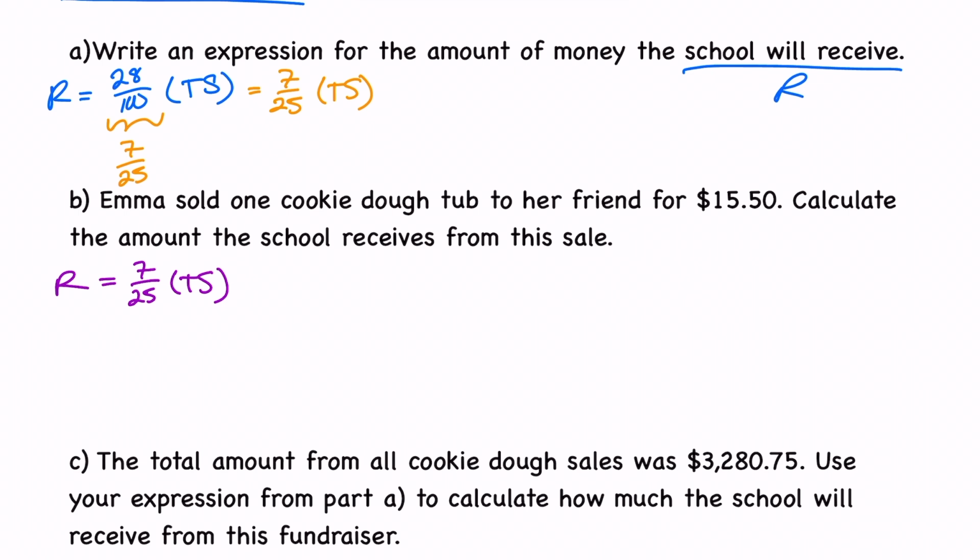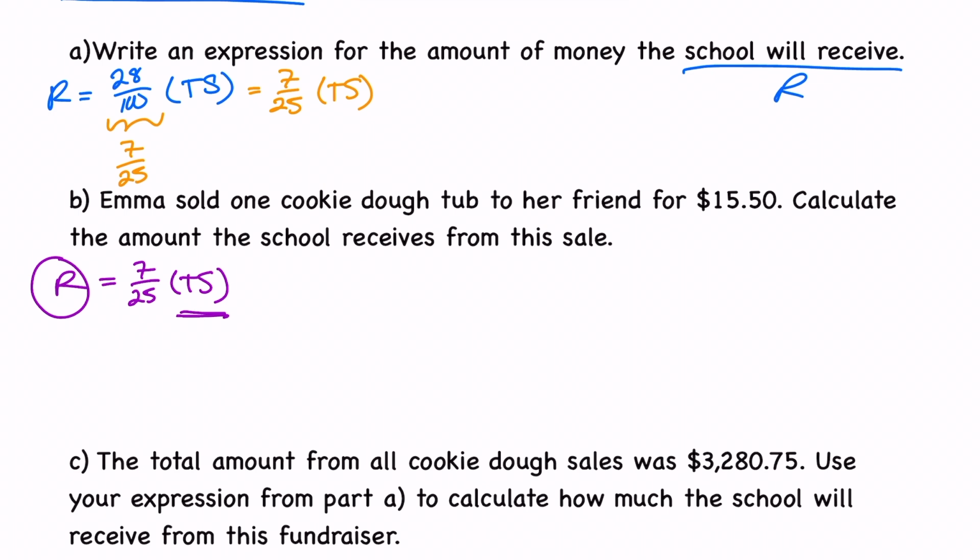So we want to calculate the amount the school receives from the sale, so we're solving for R. So in order to solve for R, we need to know what TS is so that we can plug it in and solve. So TS is the total amount made from the sale.